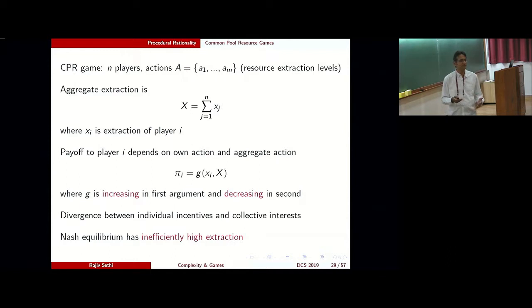So this is a payoff function where it really doesn't matter who has done the extraction. If there's a lot of extraction, it doesn't matter whether it was my neighbor on the left side or my neighbor on the right side. The damage to me is the same. That is, this function is written in that way. It's sometimes referred to as an aggregative game, where my payoff depends on what I do and the total sum of what is done, not exactly who is doing what. Okay, so it's a simple game.